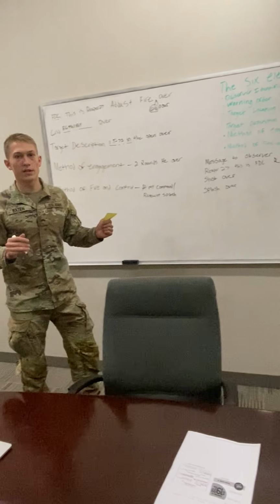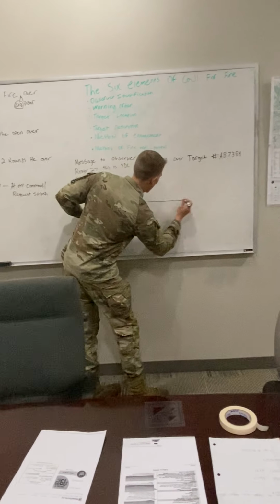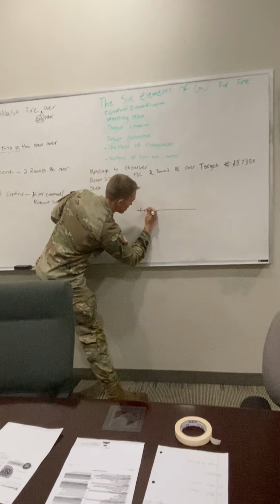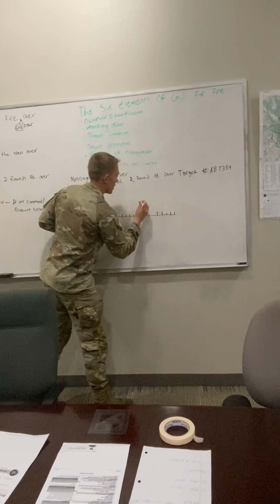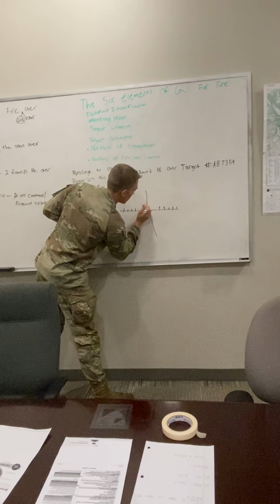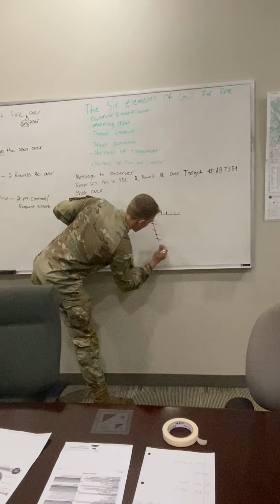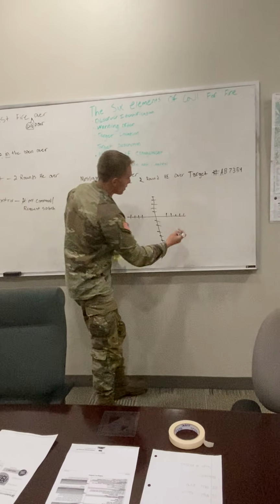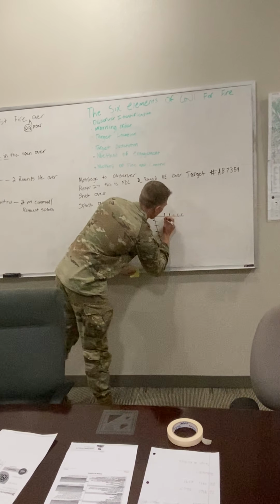So using your M22 binoculars, it'll look something like this. It'll have tick marks on each side. And then it'll have an up and down for elevation. Okay, so your tick marks usually will go in 10 or 20 meter increments.